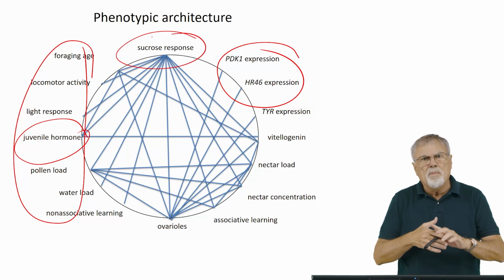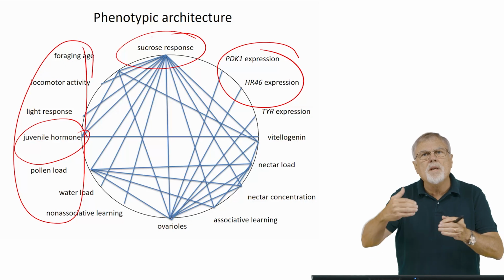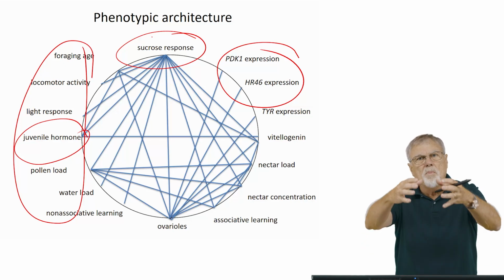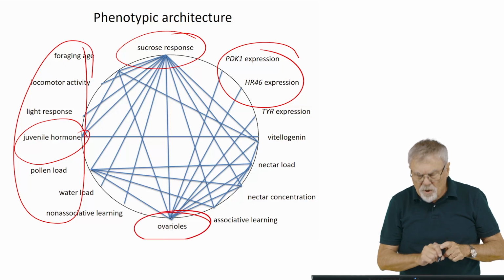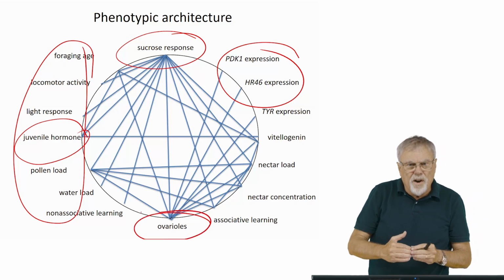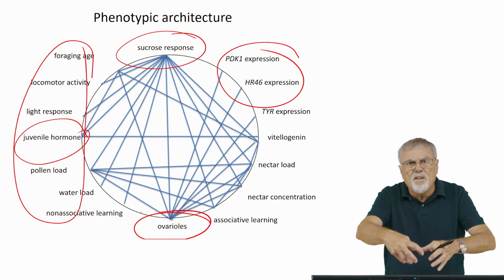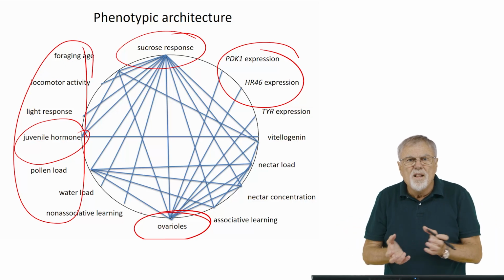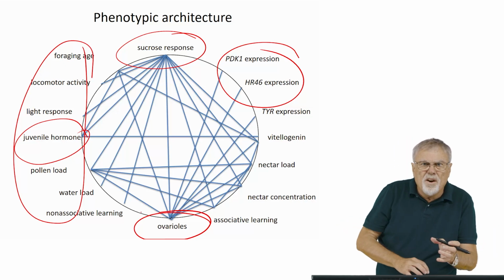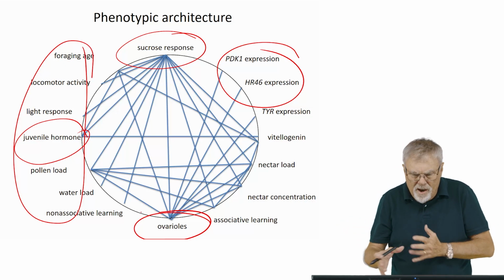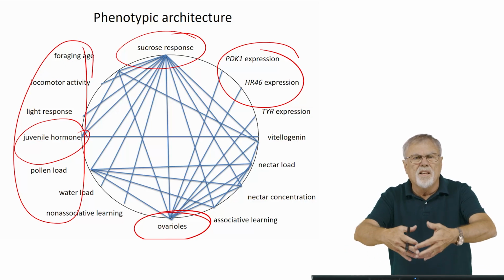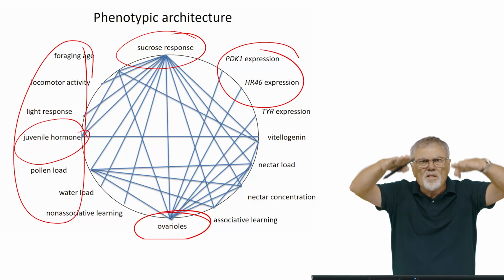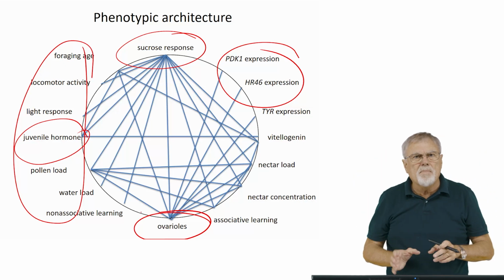And that's probably because of the tuning of the sensory response system that's going on when individuals are reproductively activated. And those with more ovarioles link to more of these traits as well. So these are kind of key things. We thought the ovaries are somehow involved in signaling a lot of things that result in tuning the sensory system and affecting behavior.